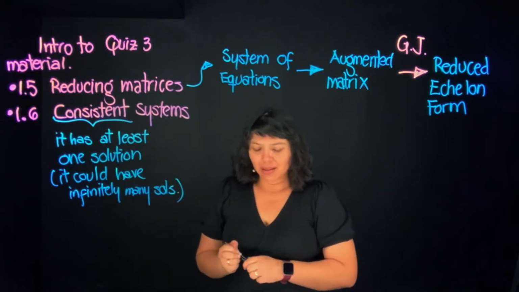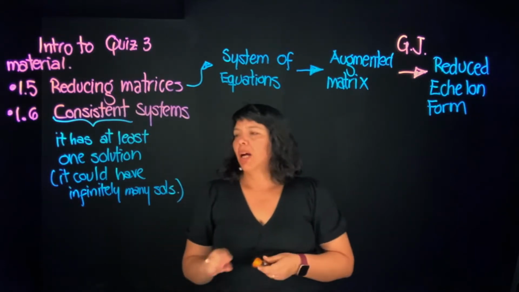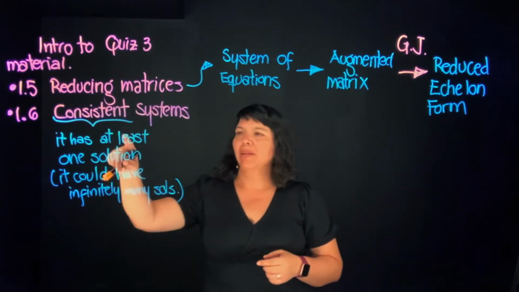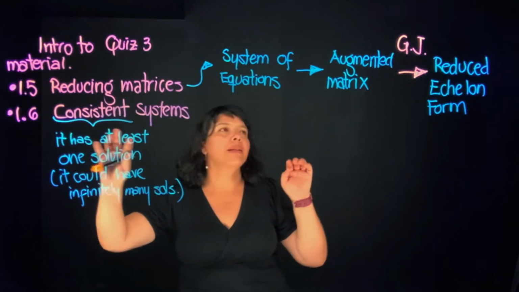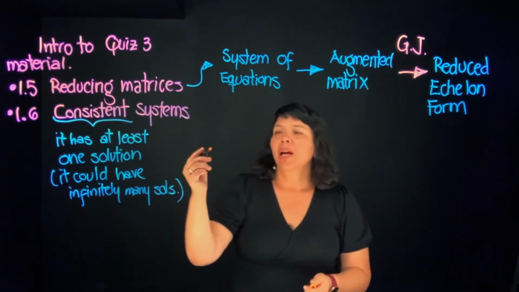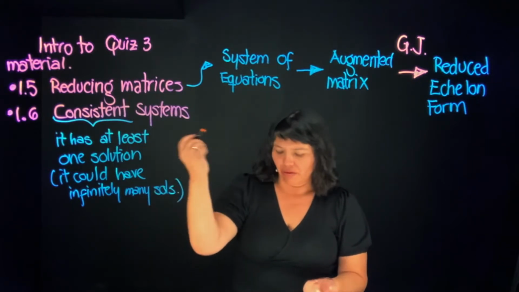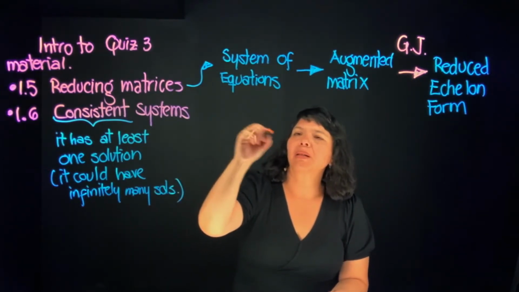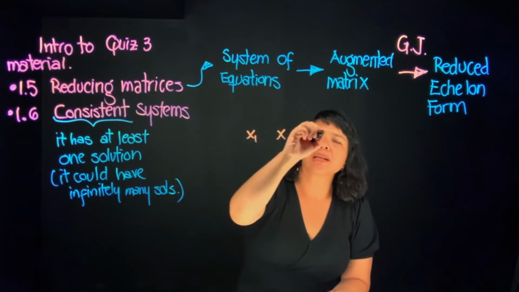And about this, one of the things that I want you to think about is, okay, let's try to connect this idea with your reduced echelon form. So let me just give you an example. Suppose that you have, say, three variables. So let me call my variables x1, x2, and x3.